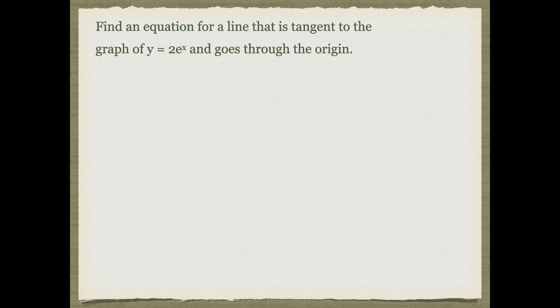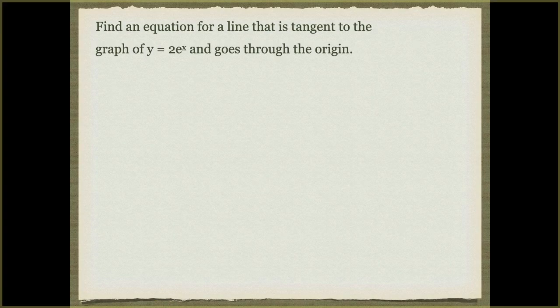Now we move on. It says find an equation for a line that is tangent to the graph y equals 2e to the x, and this one goes to the origin. So we know one of the points we go through is 0, 0, because the tangent line goes to the origin. So point 1 is 0, 0. This does not say that we want to find the point of tangency at the point 0, 0. This is saying the tangent line goes through 0, 0.